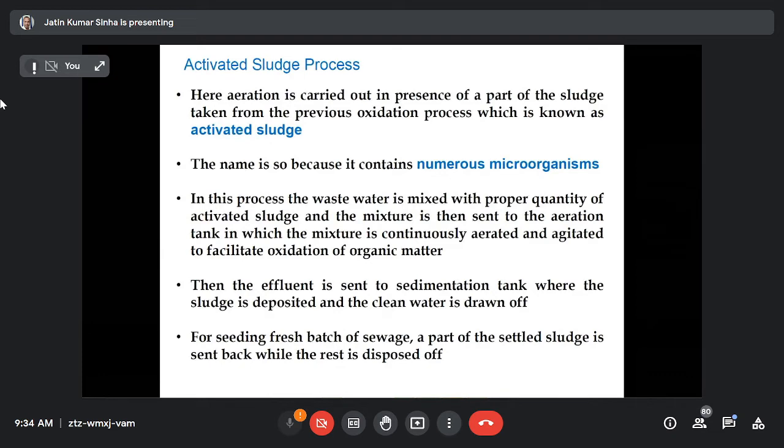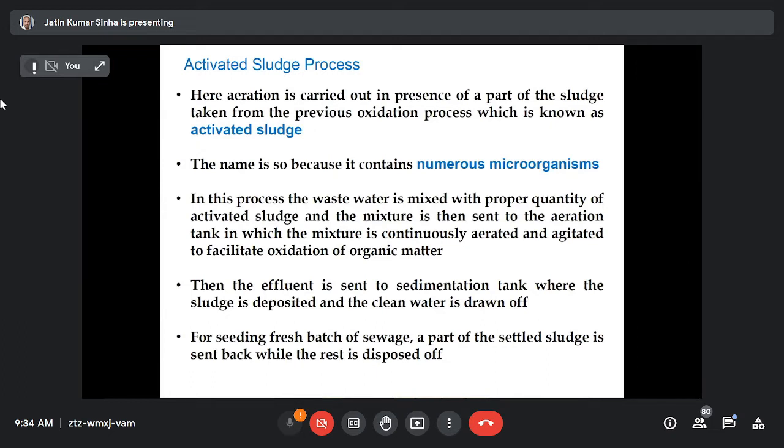In this process, the wastewater is mixed with a proper quantity of activated sludge, and the mixture is then sent to an aeration tank, in which it is continuously aerated and agitated to facilitate the oxidation of organic matter. The process is basically giving some time so that the microorganisms present in the activated sludge treat all these organic pollutants and convert them to carbon dioxide, water and ammonia.